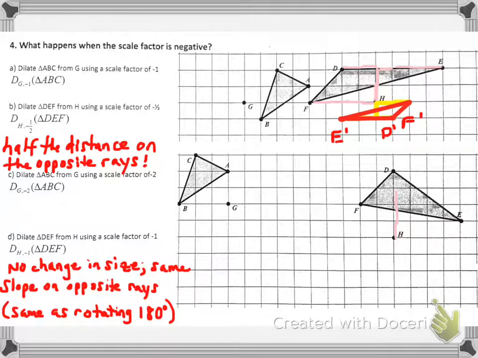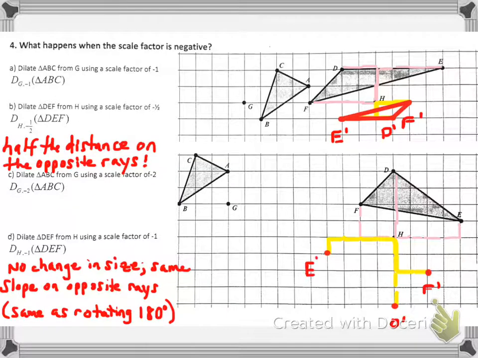And from H, if it's 1, 2, 3, let's see, 4, I'm going to go 1, 2, 3, 4 down for D prime. And from H over to F, if it's left 2 and up 2, we're going to go down 2 and right 2. And then the same thing from H to E. If you're going right 4 and up 1, you're going to go left 4 and down 1.